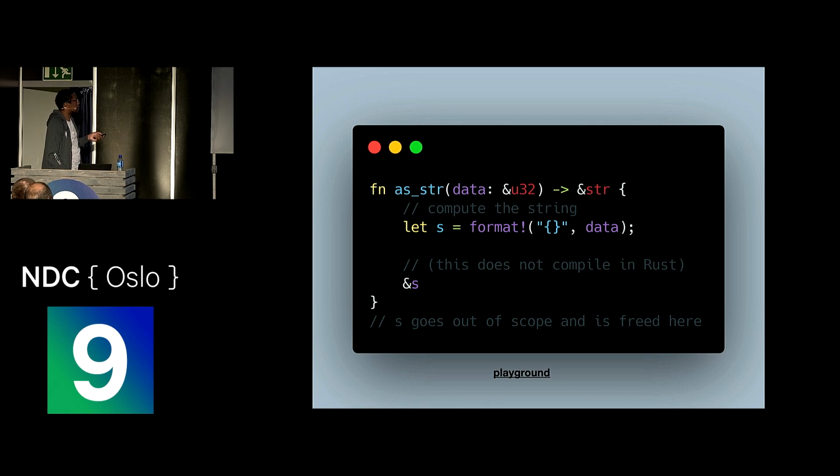So basically, a pointer to the memory location where the string is. But this won't compile. The reason being because this is a reference to S, and S is the owner. And one of the constraints with referencing or borrowing is that this borrow cannot outlive its parent. So at this point, when we get out of the function, we are going out of scope. So this is going to be freed. And this essentially will be a dangling pointer.